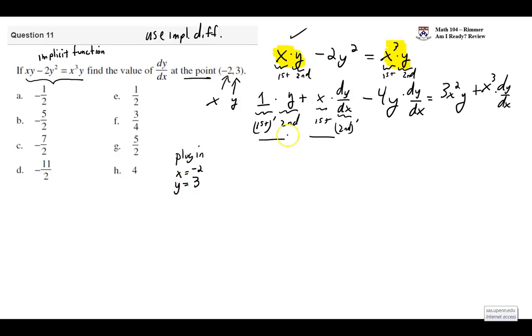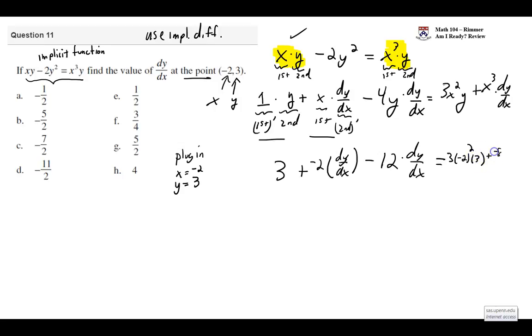The calculus is over. We have basically y, which is 3. And then we have x times dy dx. That's going to be the guy that we're going to be seeking. Minus 12 times dy dx is equal to, we have a 3, a -2 who gets squared, and a 3.